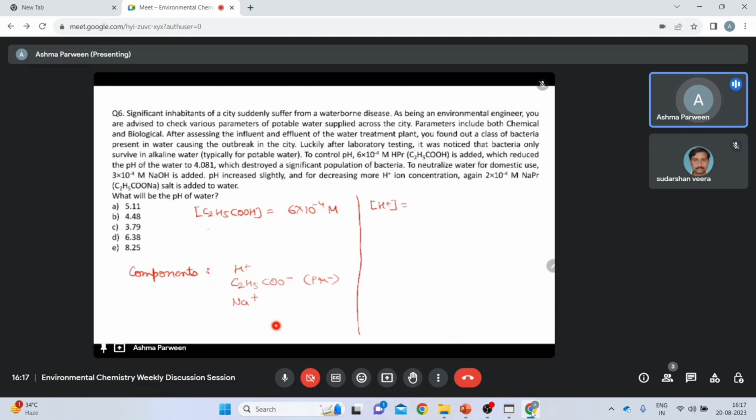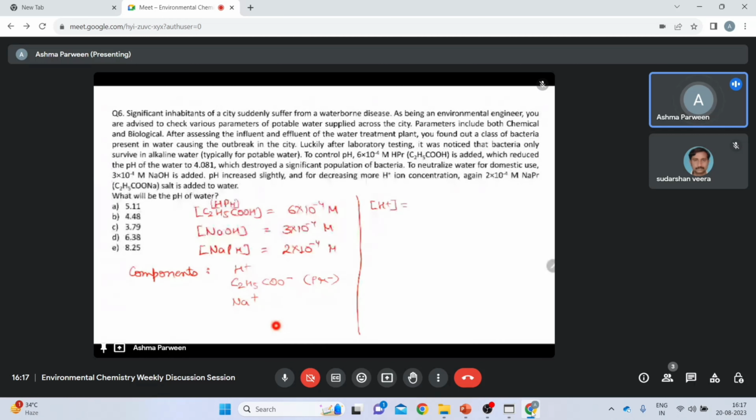And then we are adding NaOH as 3 into 10 raised per minus 4 M. And then again we are adding NaPr as 2 into 10 raised per minus 4 M, or we can also write as HPr.